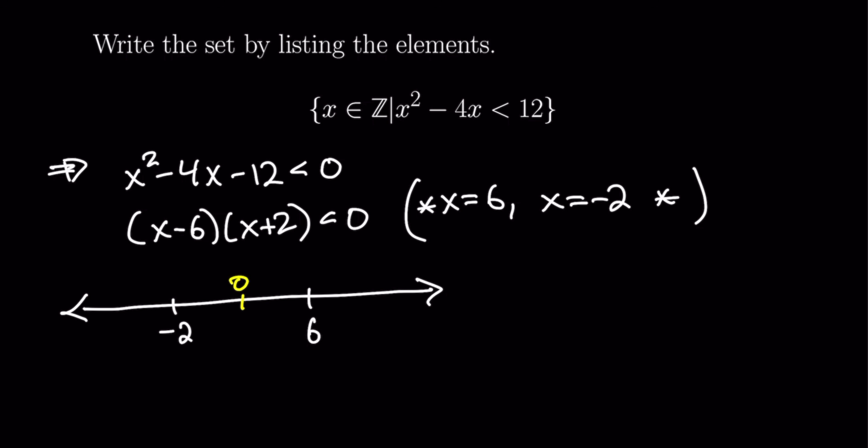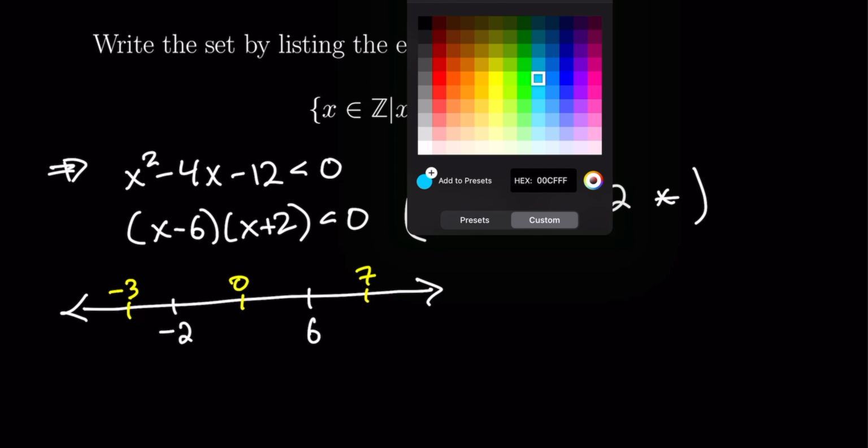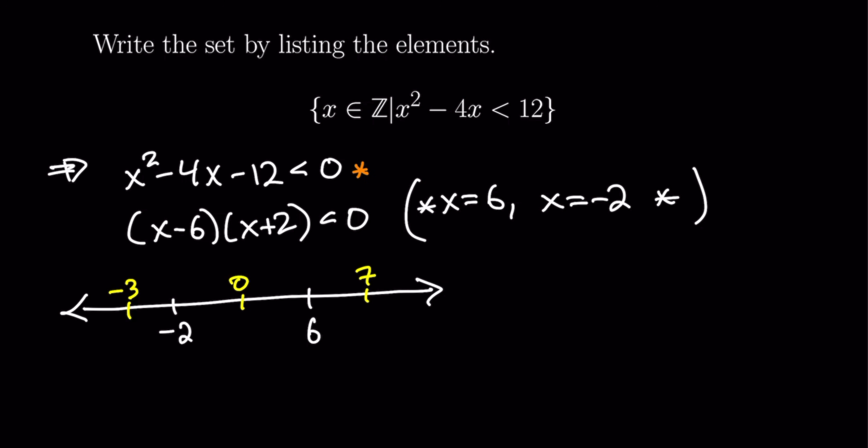So 0 would be a good choice between negative 2 and 6. Over here, maybe we would choose 7. And over here, maybe we would choose negative 3. Now if we plug those into our expression and look for whether it's satisfied or not, that should give us some motivation for finding our final answer.